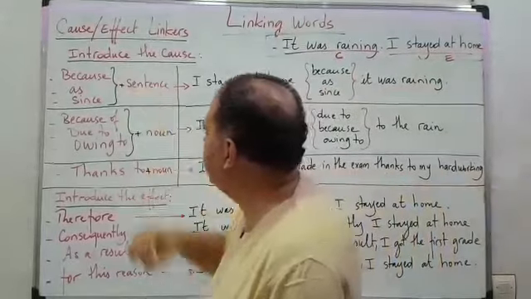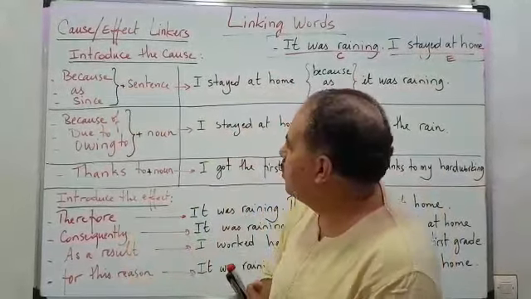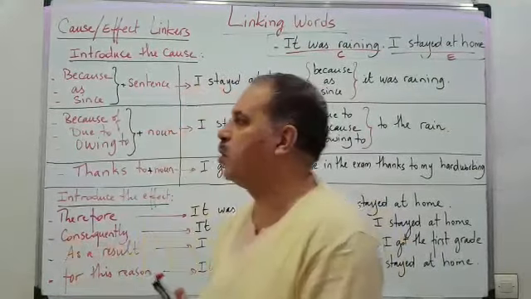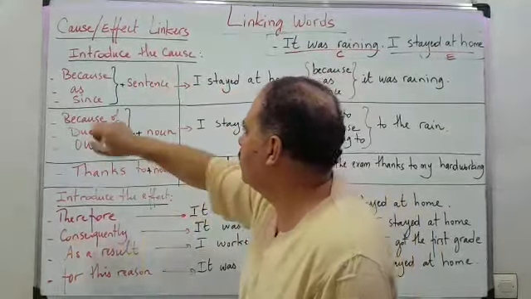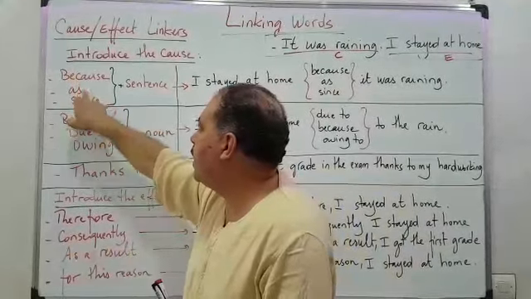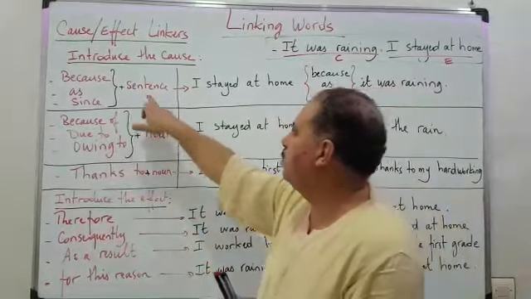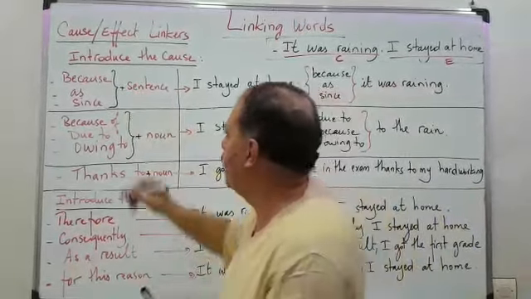Now let's begin using the cause linkers, introducing the cause. Here we can use as linkers because, as, or since. So these three linkers are followed by a sentence. You know what a sentence is?